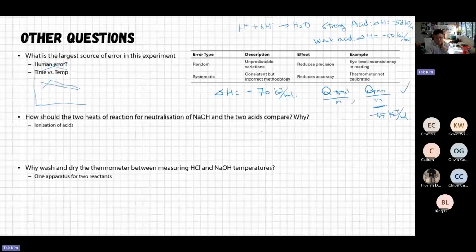So you expect to have a higher energy from the reaction. On the other hand, if it is weak acid, some of the energy will be used for making ions from the acid molecule. Because of that, the enthalpy or the energy from the reaction will be low.